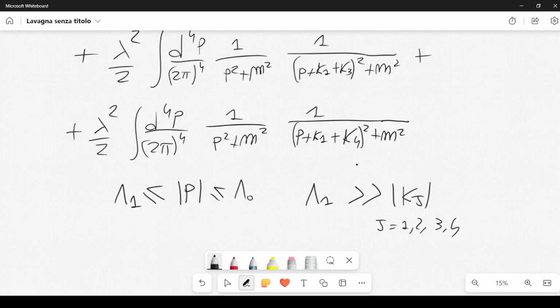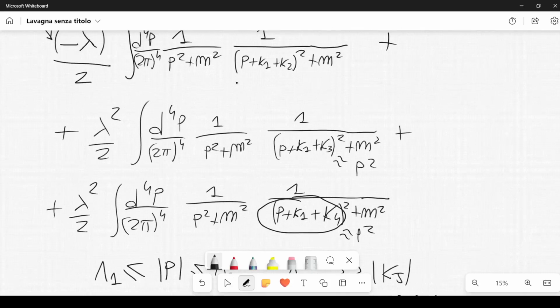If we make this assumption, in the denominator this is approximately |p|², and similarly this will be approximately |p|², and similarly here as well.